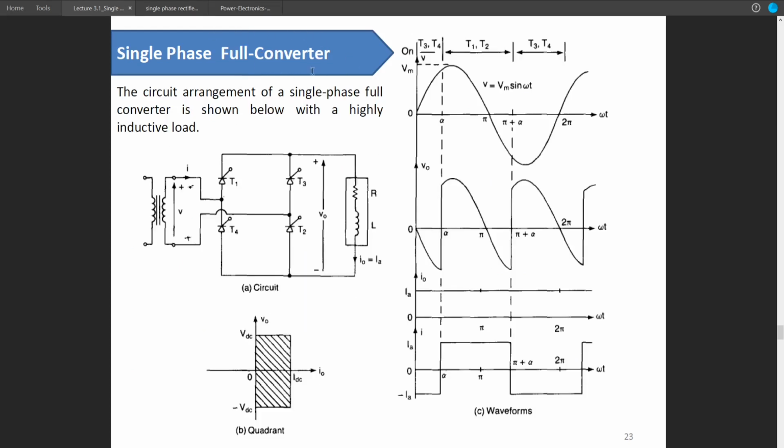So this is the circuit diagram of a single phase full converter. In this case, a freewheeling diode is absent, so the voltage will go below zero to the negative portion. So we will have an output voltage of both positive and negative polarity and output current of only positive polarity. So in the case of this full converter, the current waveform will be a little bit different.